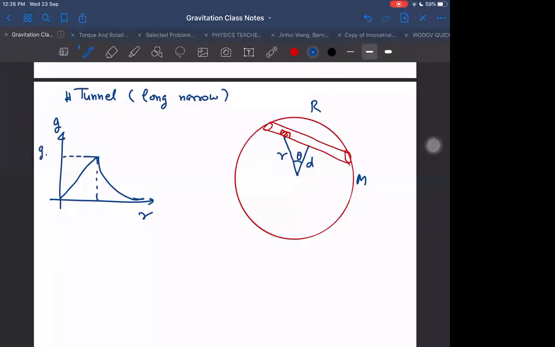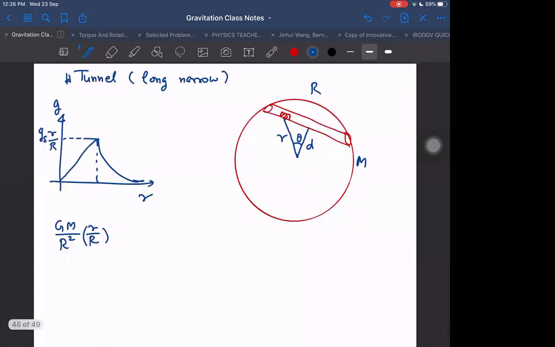Then we can say g at the surface times small r by capital R, or I can write it as Gm by R square into small r by capital R. Or I can convert this into other forms also, for example 4 by 3 pi rho G into small r. These are all the same. This is g at the surface times small r by capital R, and g at the surface is Gm by R square.